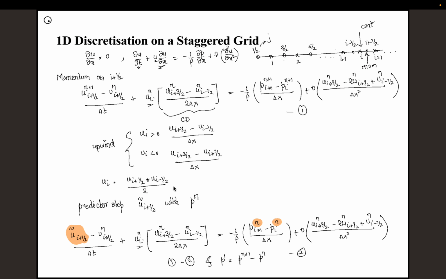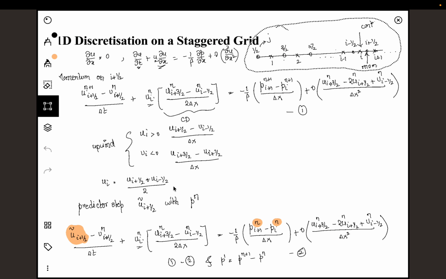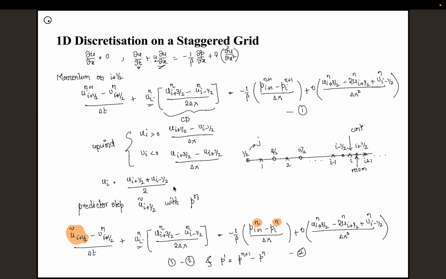Or what happens if I give a wrong value for the initial values of p comma u? What do you think will happen if I give a wrong value of pressure?